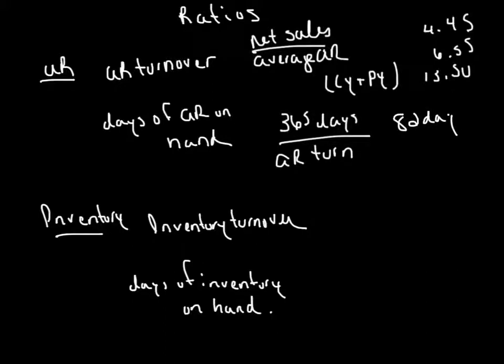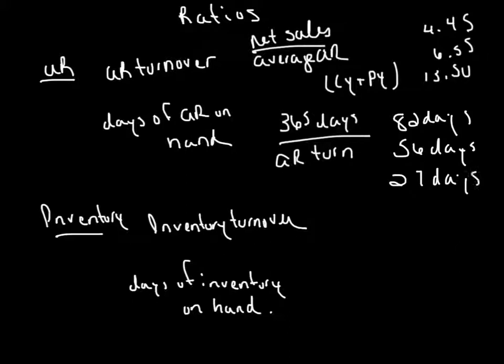And then for the next one, you would divide 365 days by the 6.55 when you're entering it into your calculator. So you should get 56 days. And then again, taking the 365 divided by the 13.5, you should get 27 days.